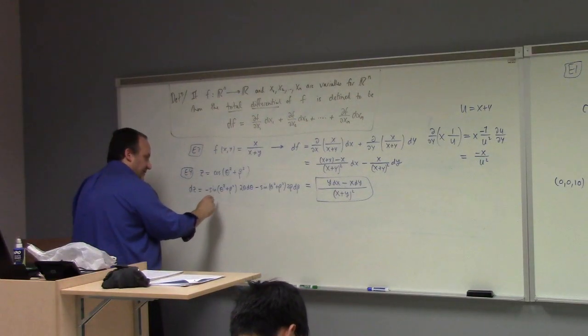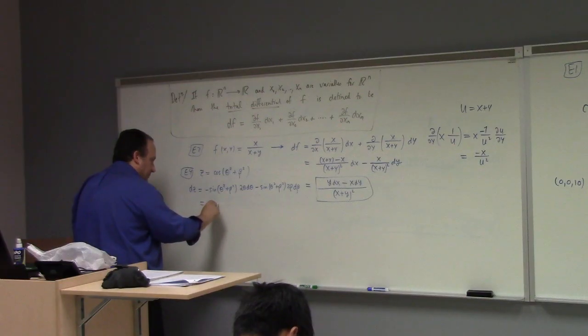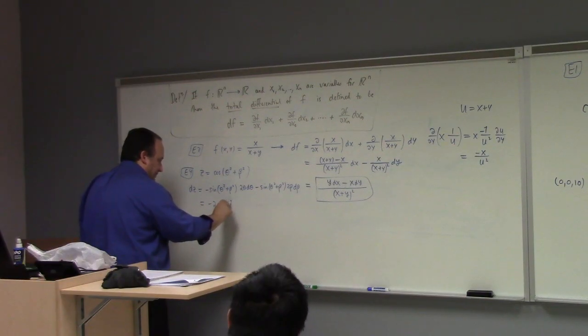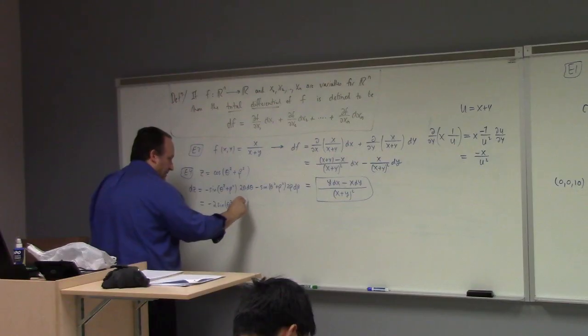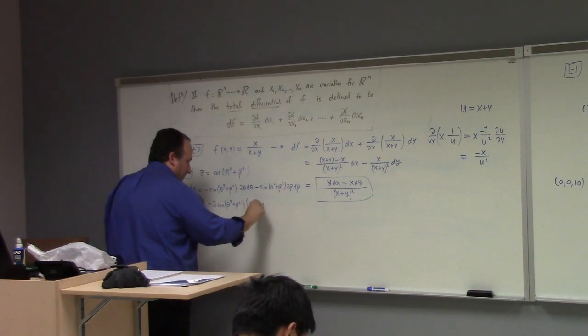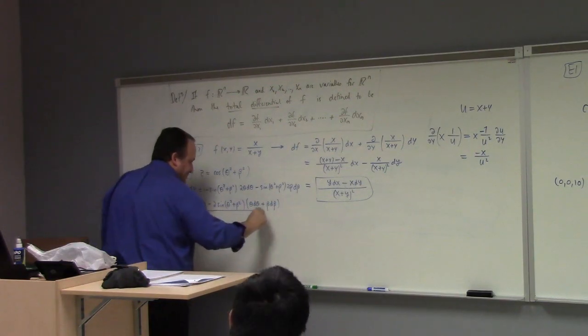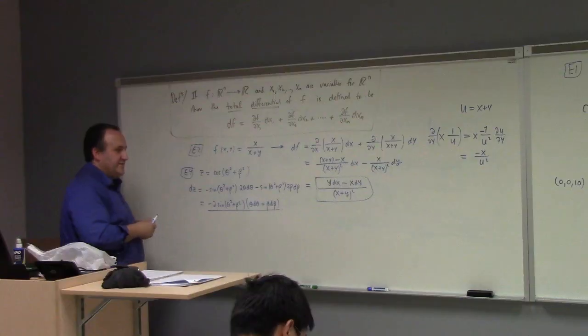So I could factor out a minus 2 sine of theta squared plus beta squared, and that would leave me theta d theta plus beta d beta. And there you go. That would be the total differential of z.